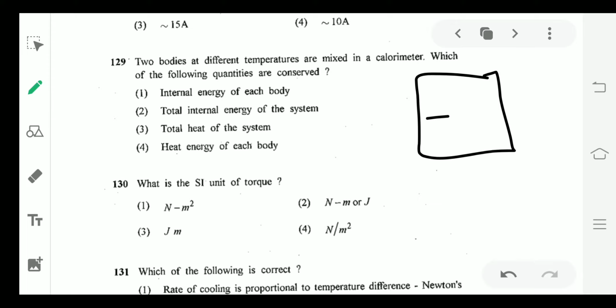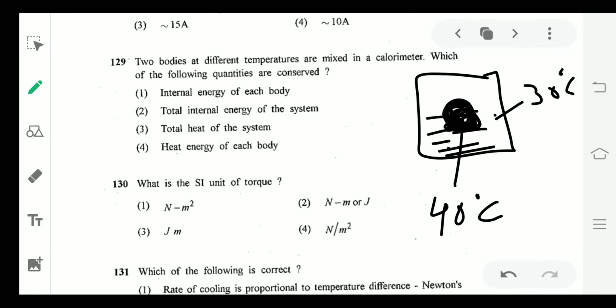Let's suppose one is water at 30 degrees centigrade and the other is an iron ball at 40 degrees centigrade temperature. Since it is a calorimeter, it is an insulated system. There is no loss of heat to the surroundings.